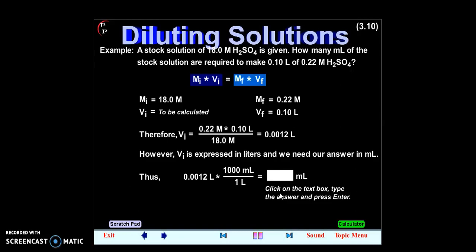That would be 0.0012 times 1000. That will give you 1.2 milliliters.